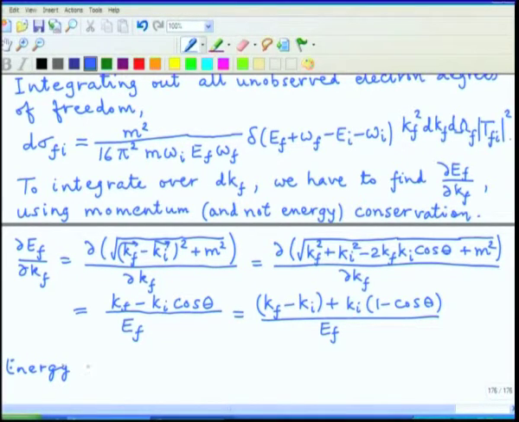So, what does energy conservation tell you? Writing in the 4-vector notation, it can be expressed in various different ways, but one way of writing the conservation law is P_f minus P_i, which is the momentum gained by the electron, must be the momentum lost by the photon.